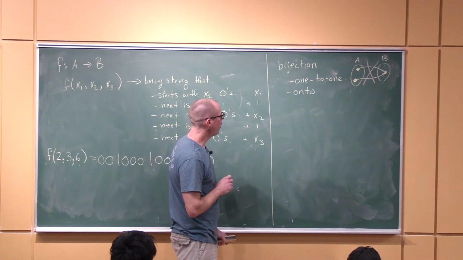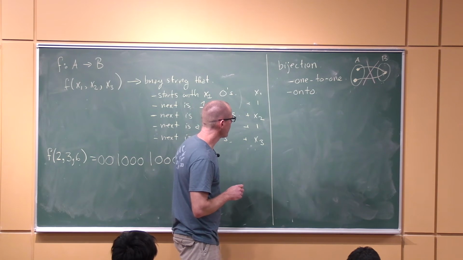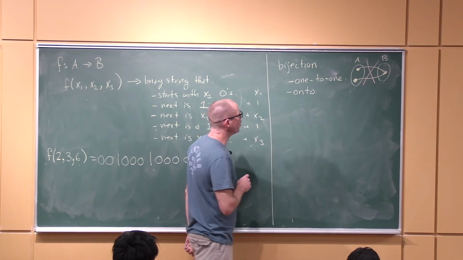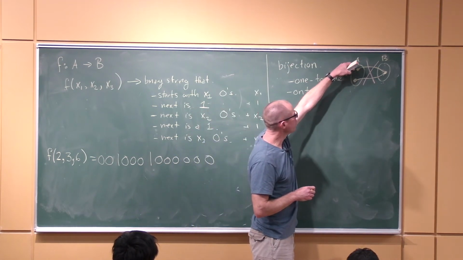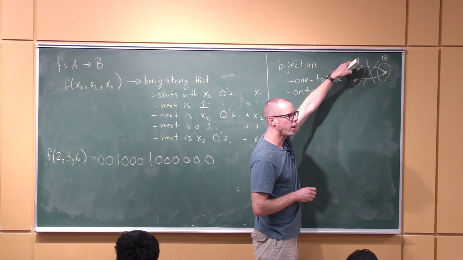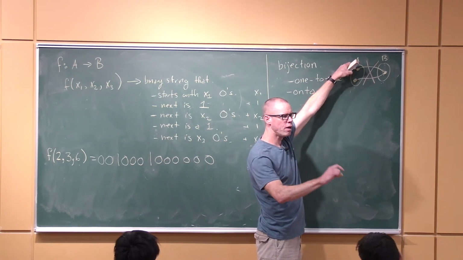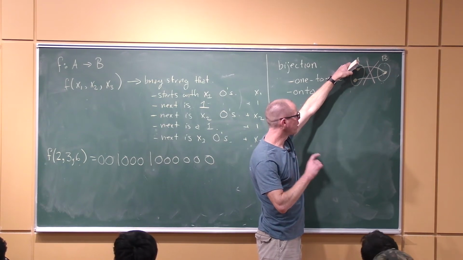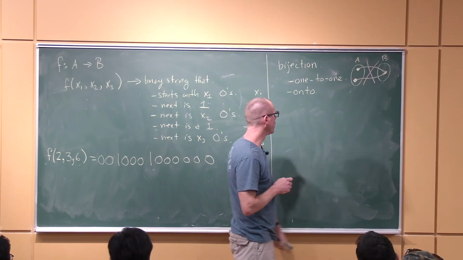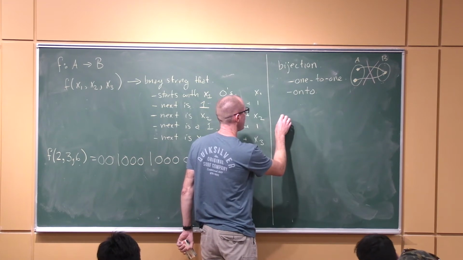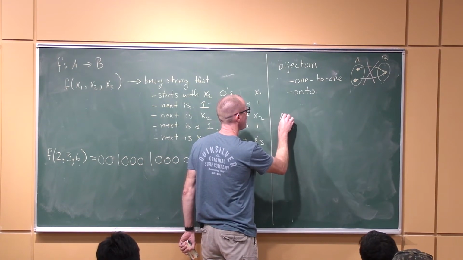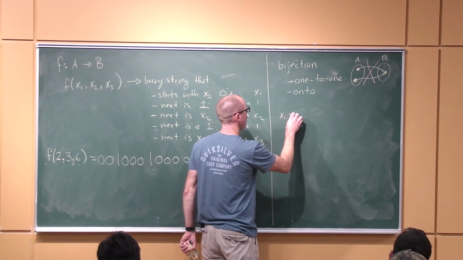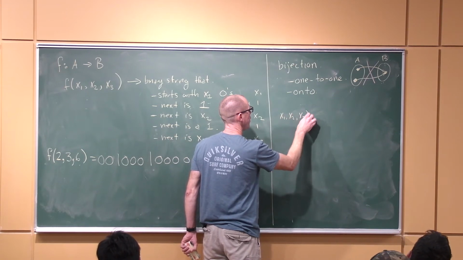Okay, so if I give you 2 different things from A, let's just make sure that those 2 different things go on to different elements of B. So I don't know, let's say one of the things in A is x1, x2, x3.